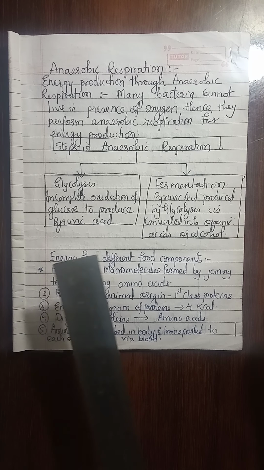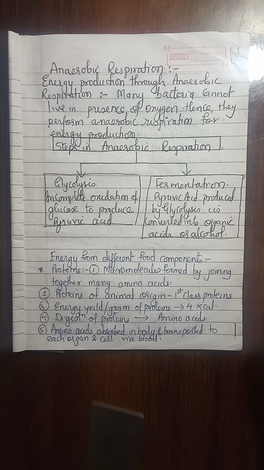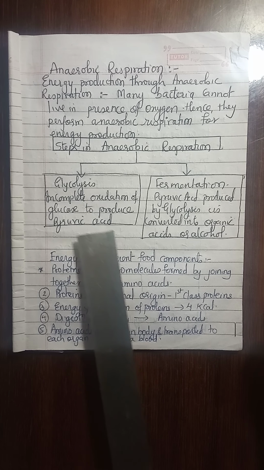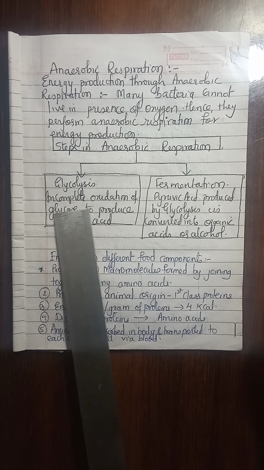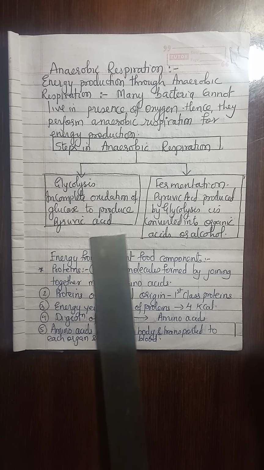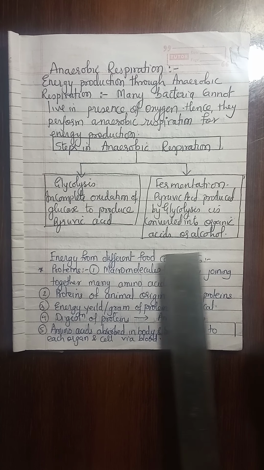In the previous class, we discussed aerobic respiration, how glucose is converted into PA. PA implies pyruvic acid. In the same way here also, it is converted into pyruvic acid. First step is the same. So in glycolysis, there is incomplete oxidation of glucose to produce pyruvic acid.